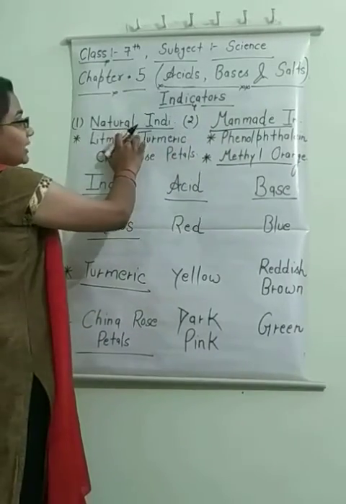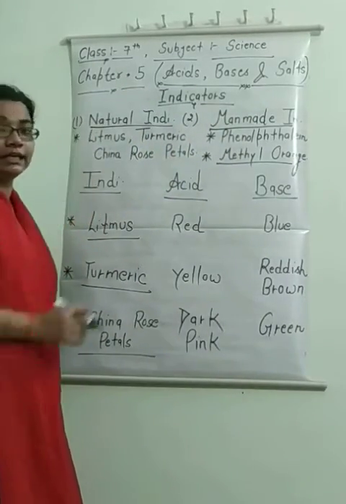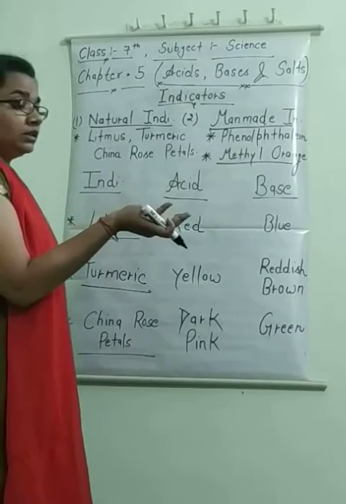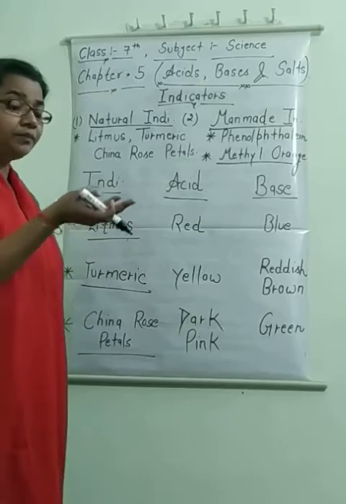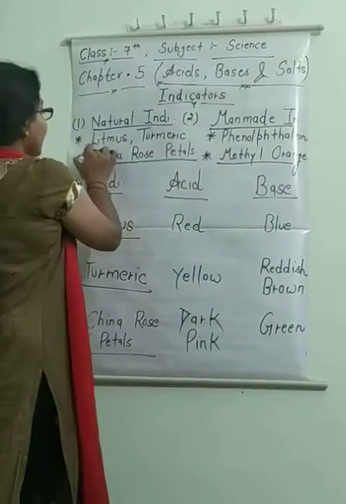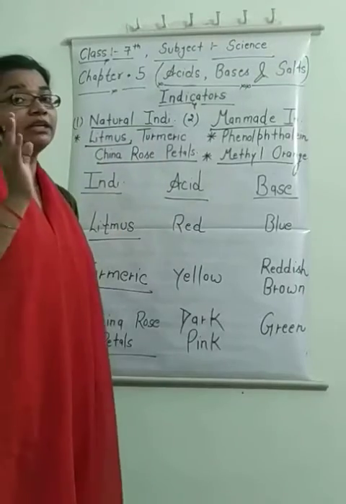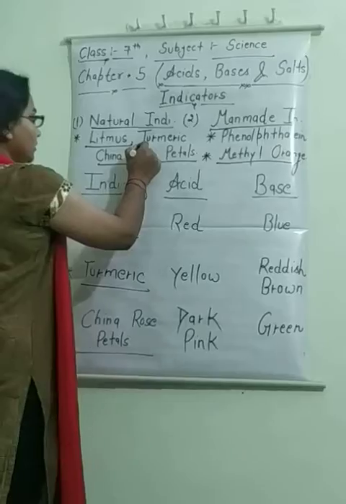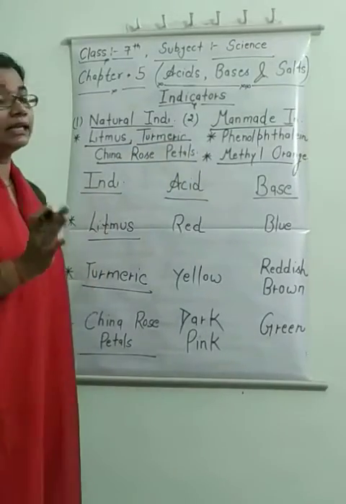But according to your syllabus, we will discuss the natural indicators. Some examples are turmeric, China rose petals, and litmus paper. About litmus paper we discussed in the properties of acids and bases. Clear? All three are the main natural indicators.